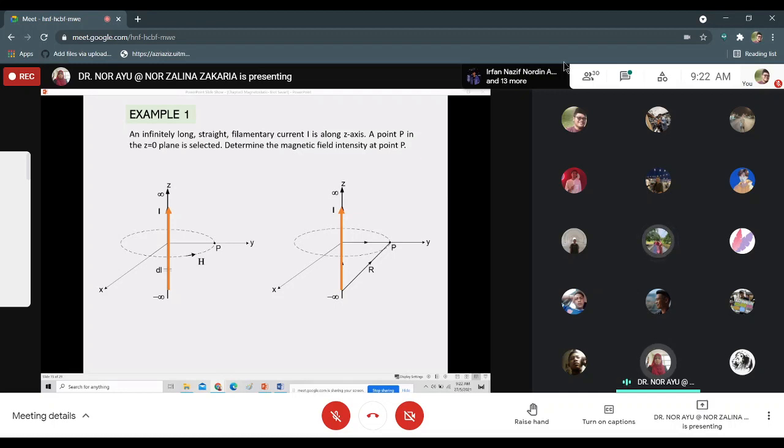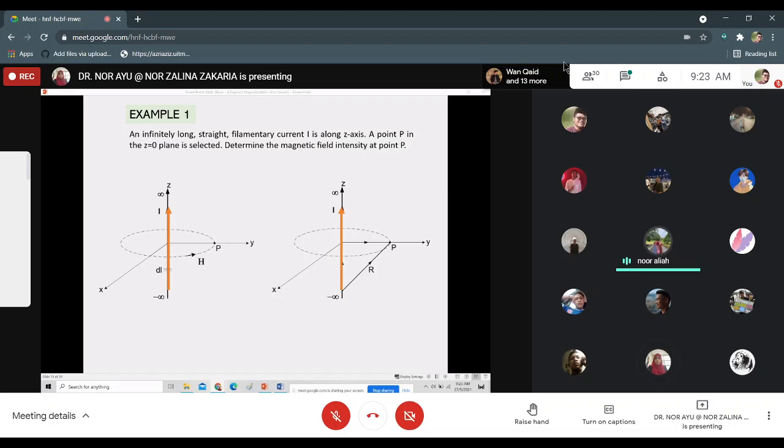Anyone can answer? Choose the right formula. Okay, so what is the right formula for this?